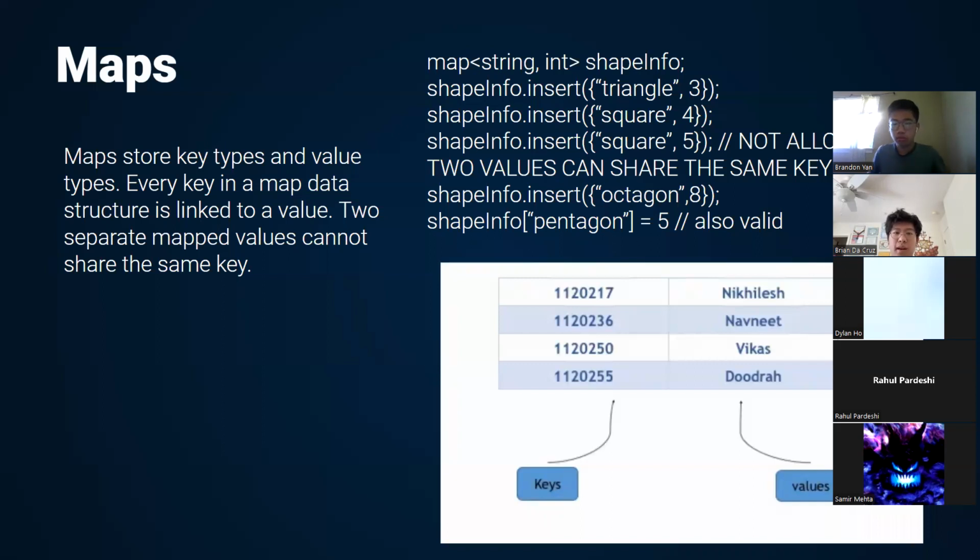So we can have an ID, and the ID is going to basically allow us to write something like here where Ben wrote shape info pentagon equals 5 on the last line of code. For example, if it was a game, you can write game information brackets, the user ID number, and then you could get the information about the user and so on. So that could be something that's useful for something like that.